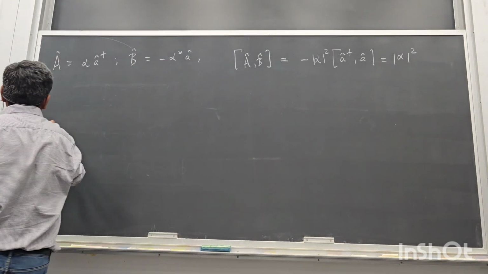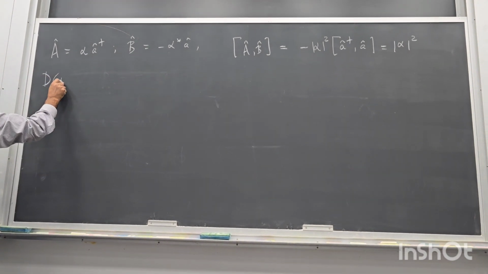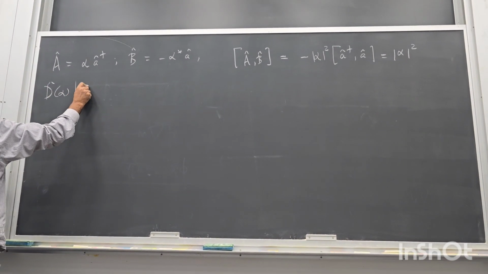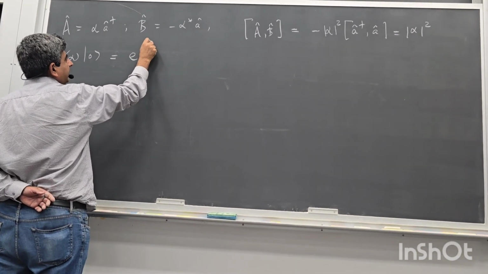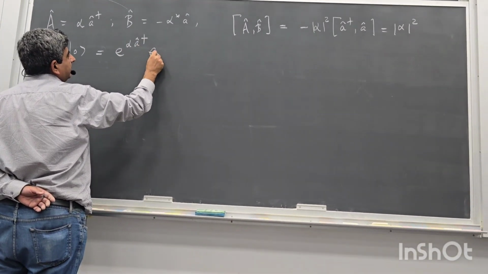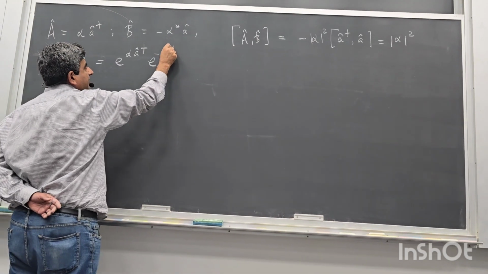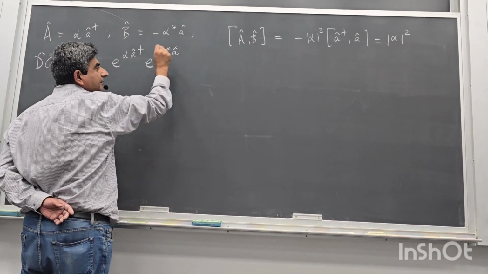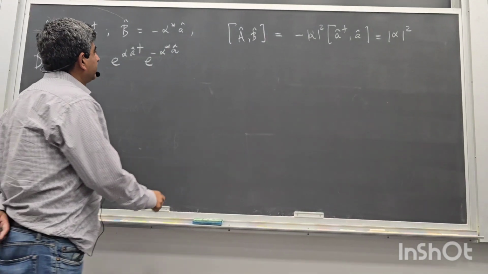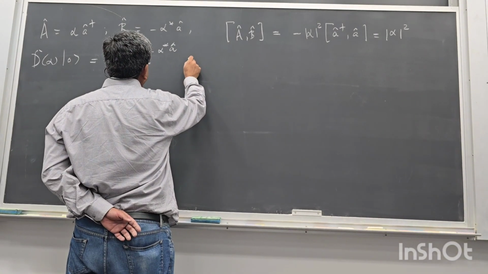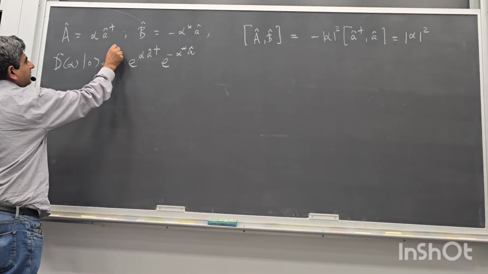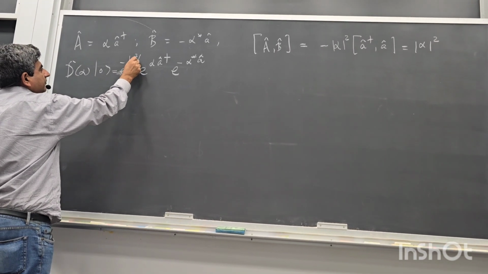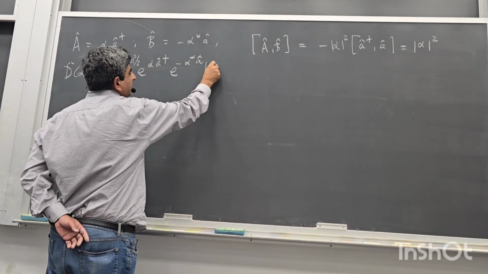So my displacement operator acting on vacuum becomes e^(alpha A dagger) e^(minus alpha star A) and some scalar. Let me put down the scalar over here: e^(minus alpha mod square over 2), and this acts on vacuum.